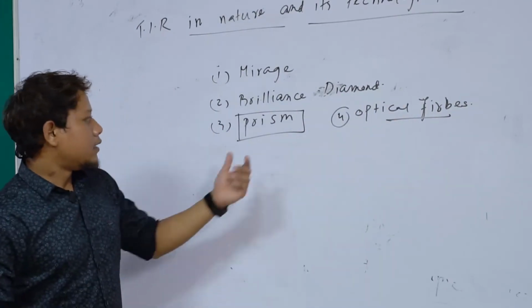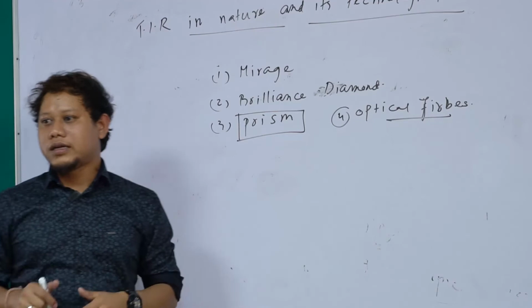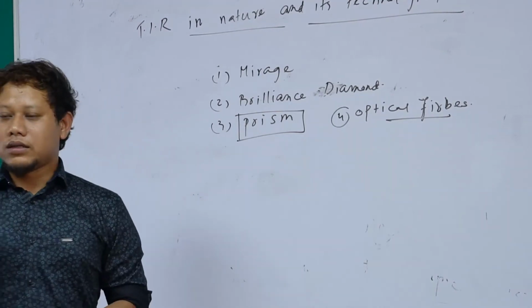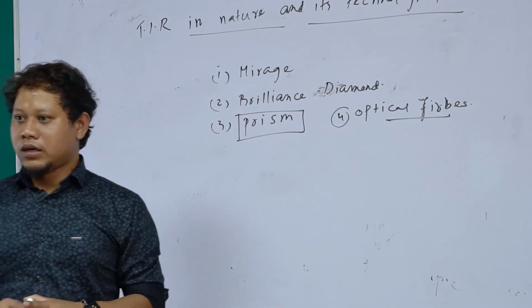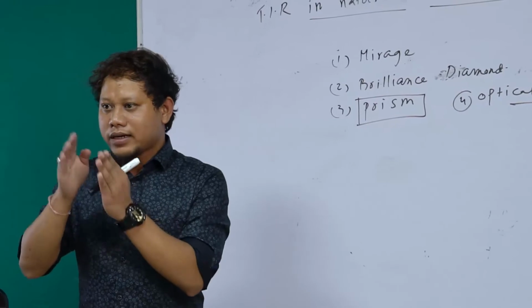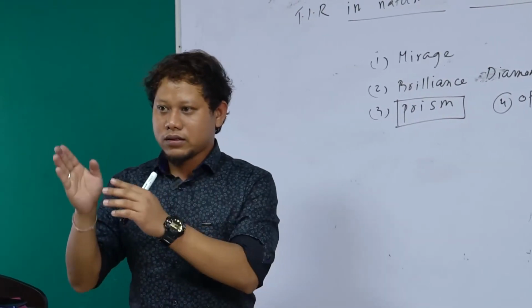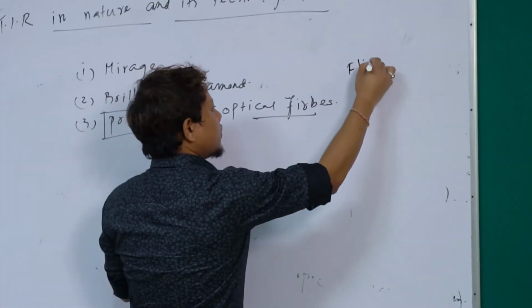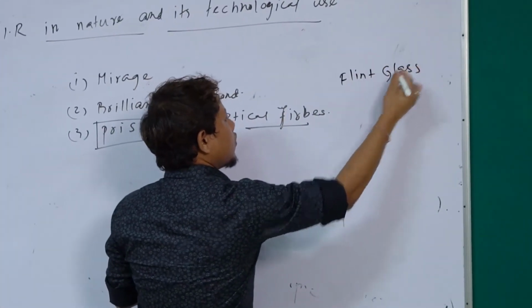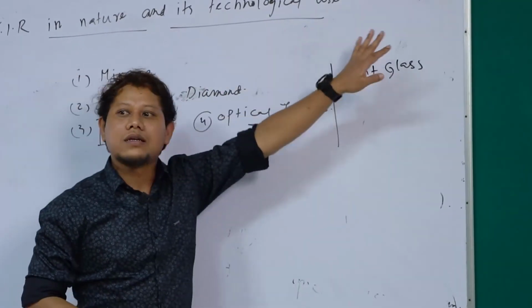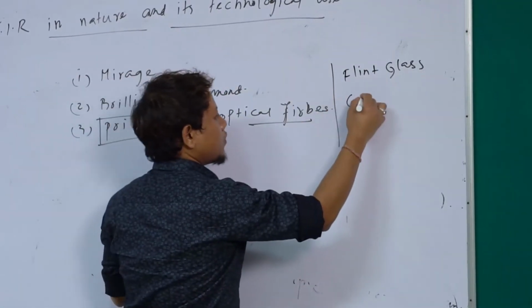So now I'll discuss total internal reflection in prism. You have to remember this prism. What is the use of prism? First you have to know that a prism may be made of flint glass or crown glass. In the book it is written dense flint glass, and this is crown glass.